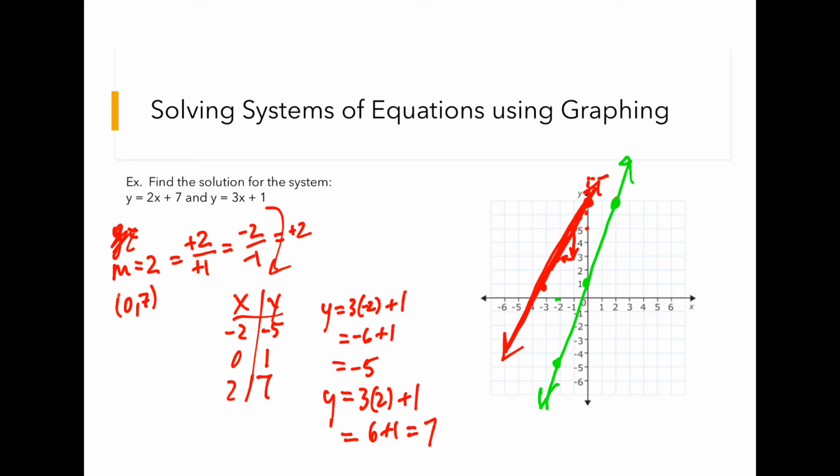Okay. Well, in this case, you'll notice that my graph isn't big enough. They don't have the same slope, so I know they're not parallel, but somewhere up here, they're going to cross. So it kind of looks like it might happen around 3 or possibly 4.